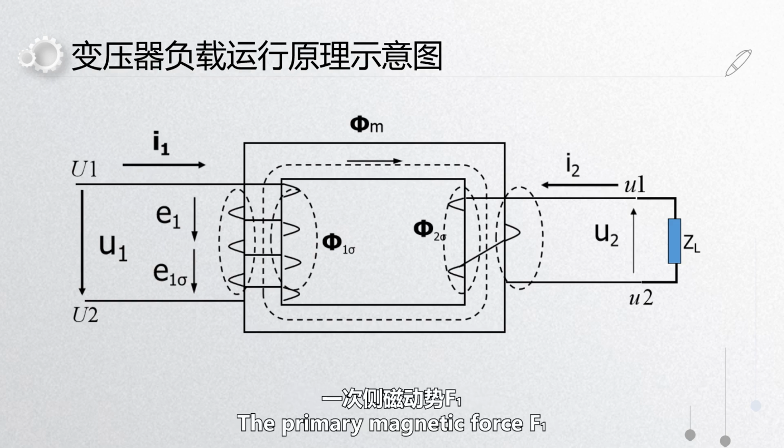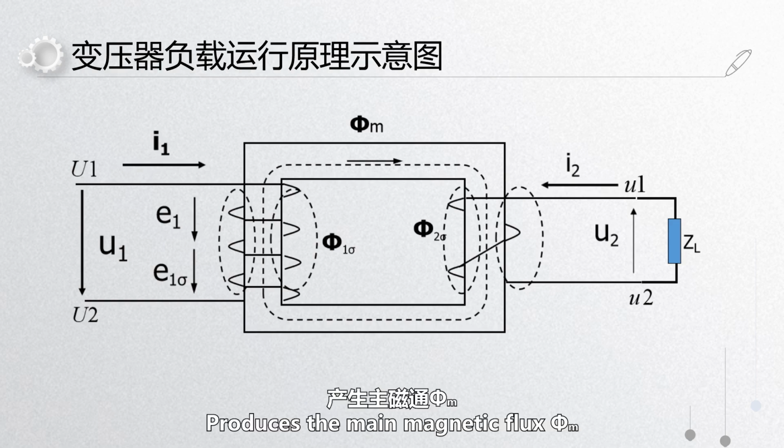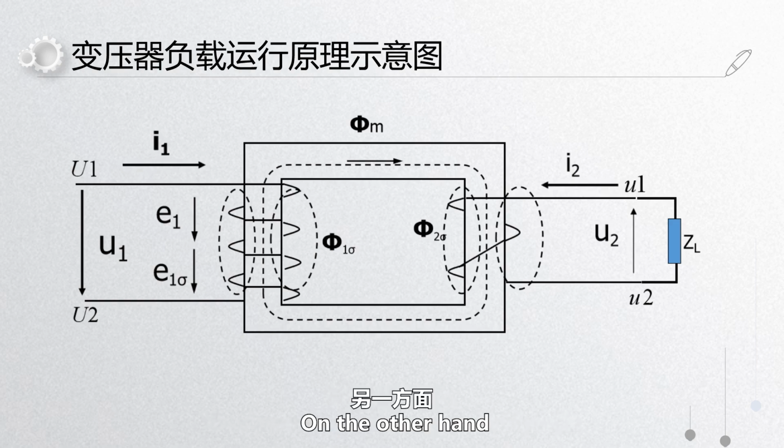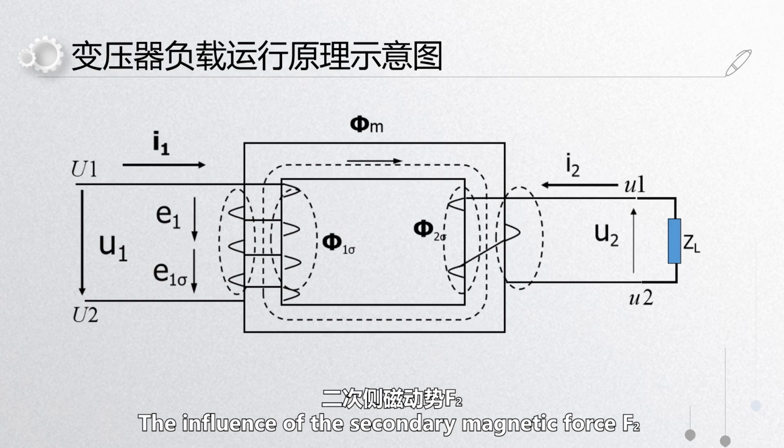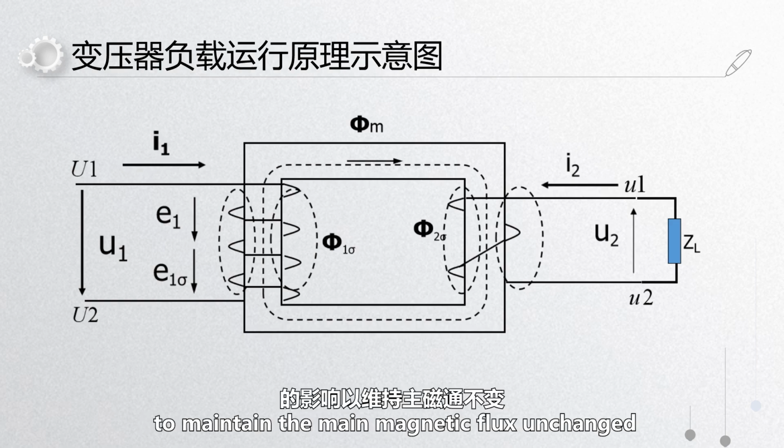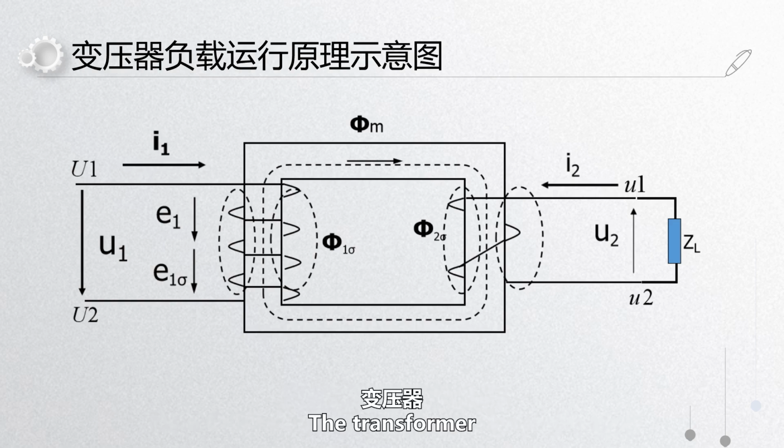The primary magnetic force F1, on one hand, produces the main magnetic flux phi m. On the other hand, it counteracts the influence of the secondary magnetic force F2 to maintain the main magnetic flux unchanged. At this time, the transformer is in a new electromagnetic balance state. This is the transformer's load operation process.